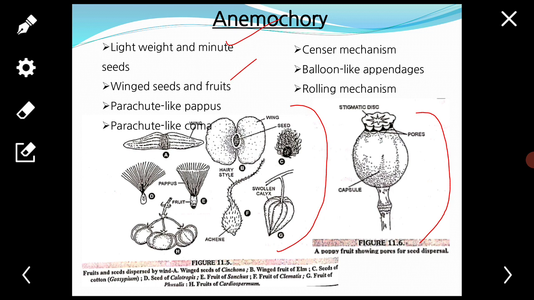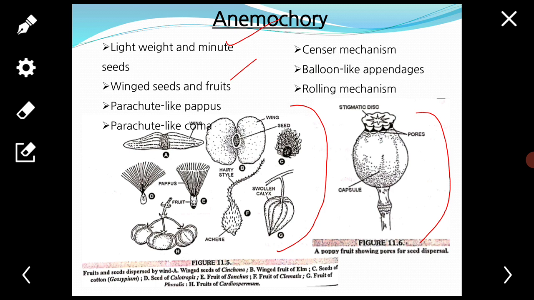Example, winged fruits are Hiptage, Holoptelea, Acer, Terminalia, Shorea, etc. Examples of winged seeds are Moringa, Cinchona, etc.